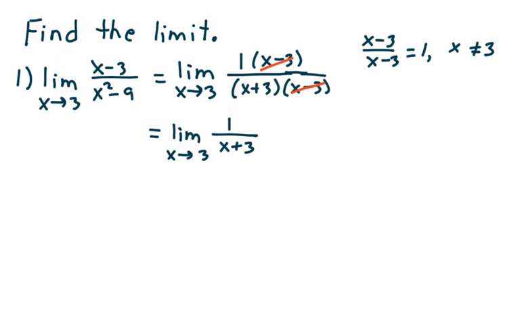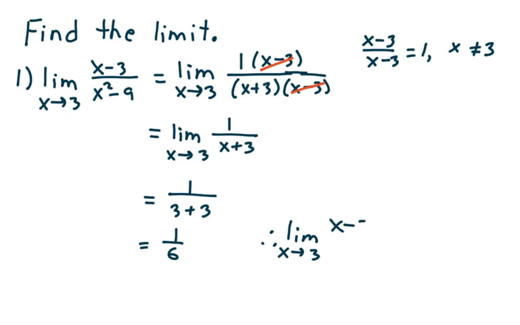And by direct substitution, we get 1 over 3 plus 3, which is equal to 1/6. And so therefore, the limit as x goes to 3 of x minus 3 divided by x squared minus 9 is equal to 1/6.